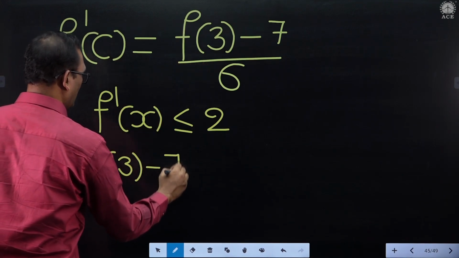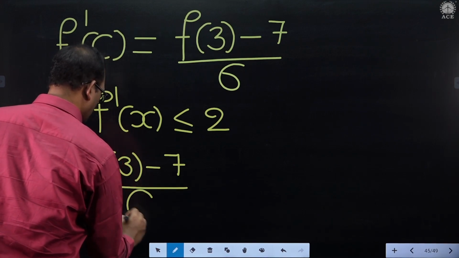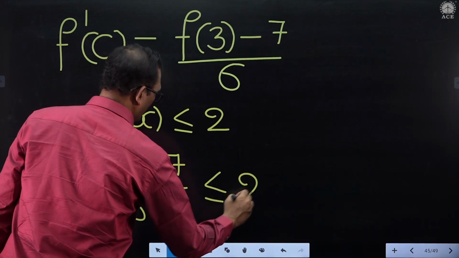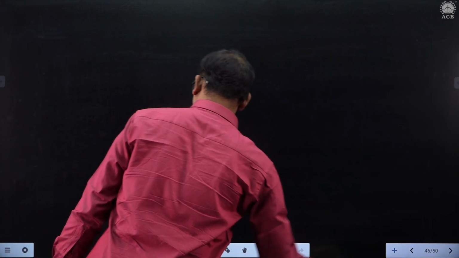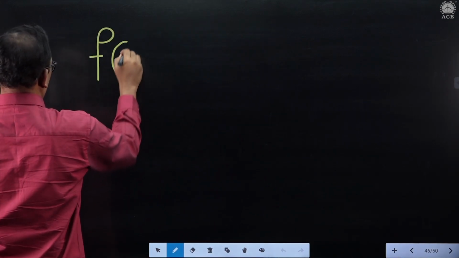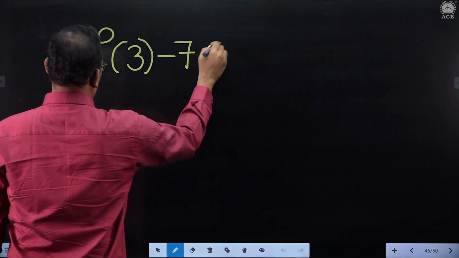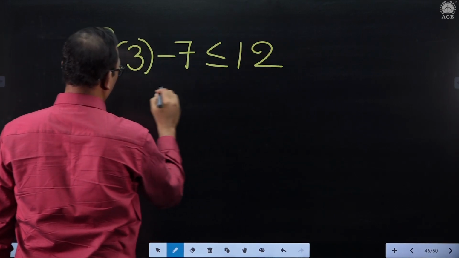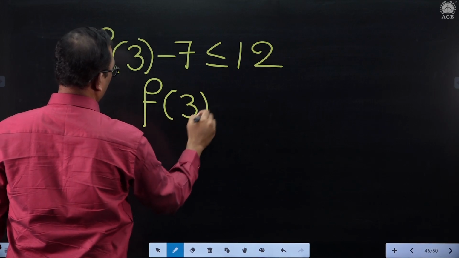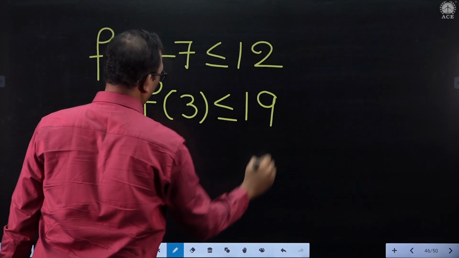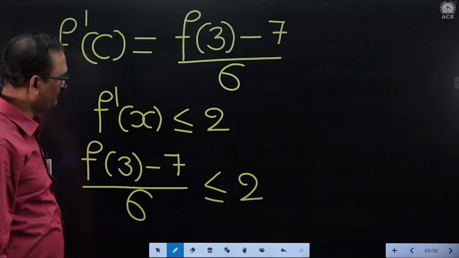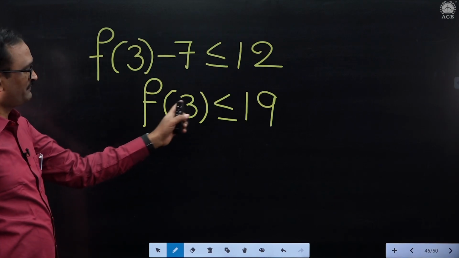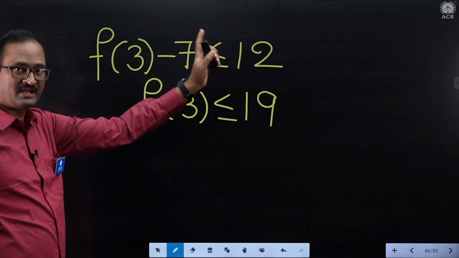F dash x value: f of 3 minus 7 by 6 is less than or equal to 2. So 6 will go this side, that is 12. F of 3 minus 7 is less than or equal to 12. F of 3 is less than or equal to 12 plus 7, 19. So the maximum value of f of 3 is 19.